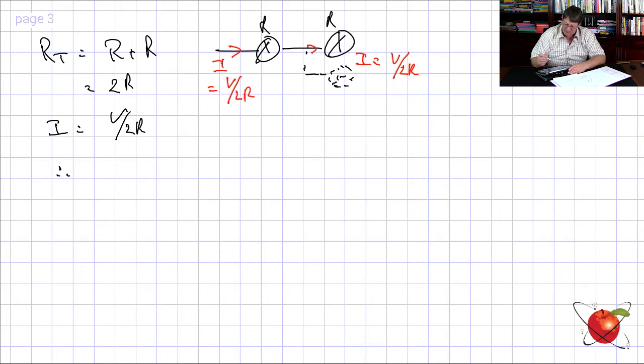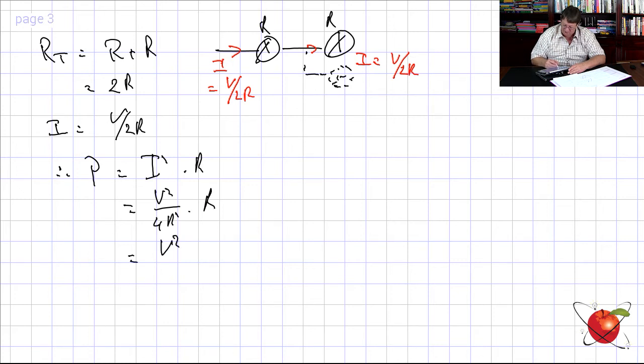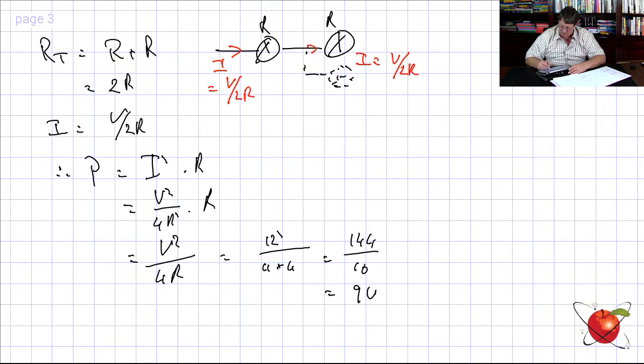So I can now say, therefore, power is going to be I squared R. I squared is V squared over 4R squared times R, which is V squared over 4R, which is going to be equal to 12 squared, using the 12 volts again, over 4 times 4, which is 144 over 16, which is going to be equal to 9 watts, okay? So what happens in this situation? It glows brighter.